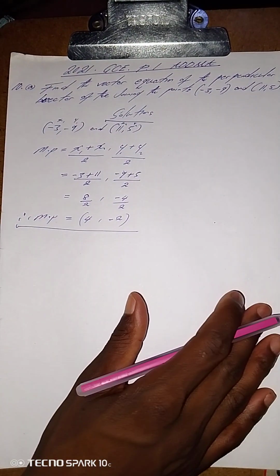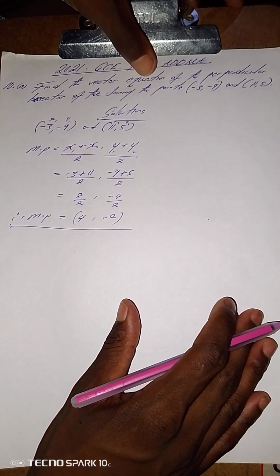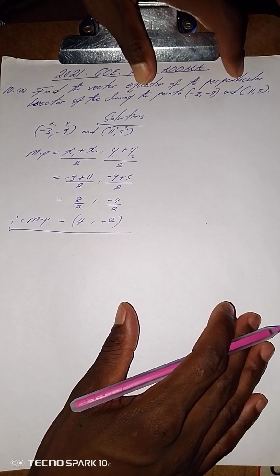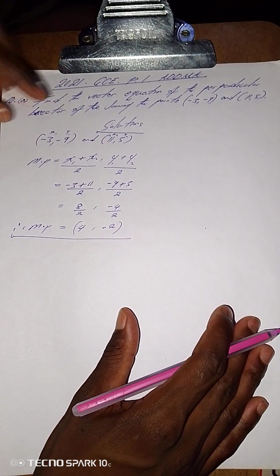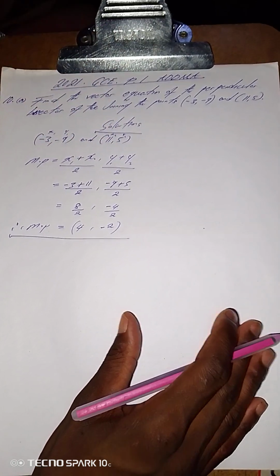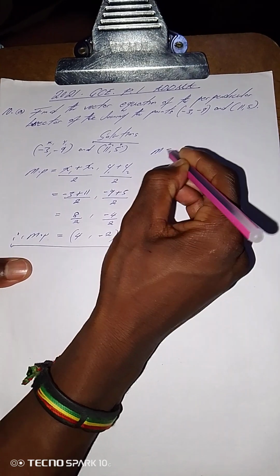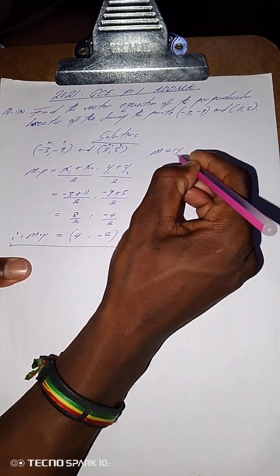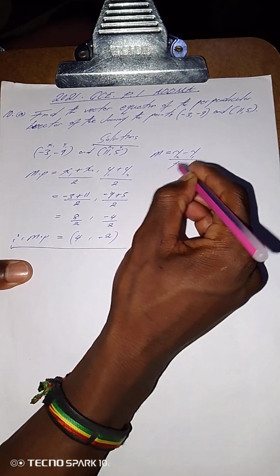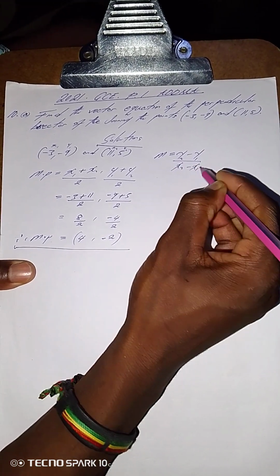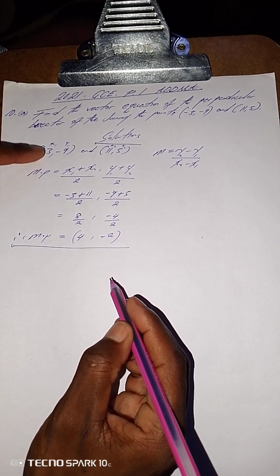Now the next thing, we are looking for the equation, and the equation should carry the gradient of the perpendicular. So I'll use these same points to find the gradient. The formula is y2 minus y1 over x2 minus x1.